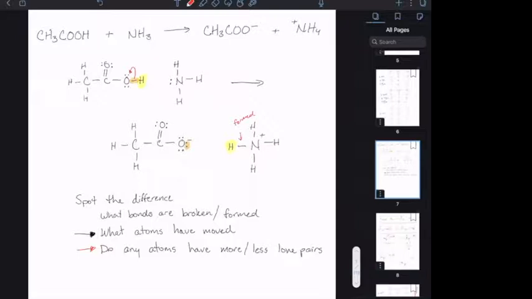Likewise, we have the exact opposite with our bond that's formed. Which one of these elements has one less lone pair than they did on the left-hand side? All right, so we can see the oxygen's gaining a lone pair, the nitrogen's losing a lone pair. Well, where the heck did this lone pair of electrons go? It's what becomes that new bond here.